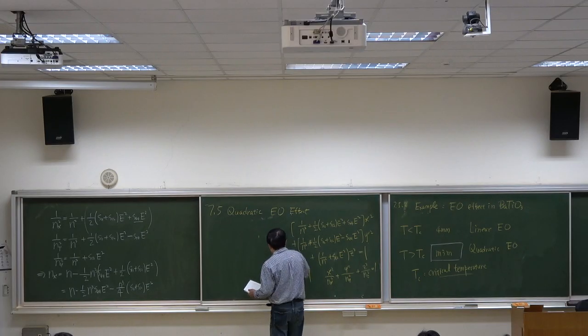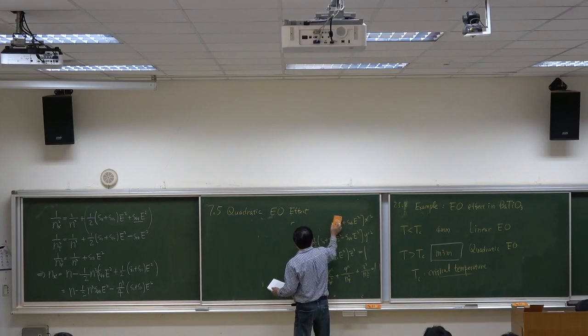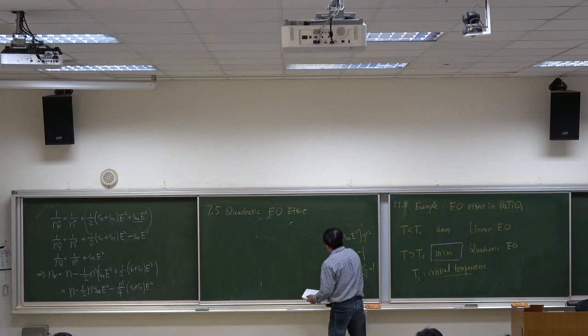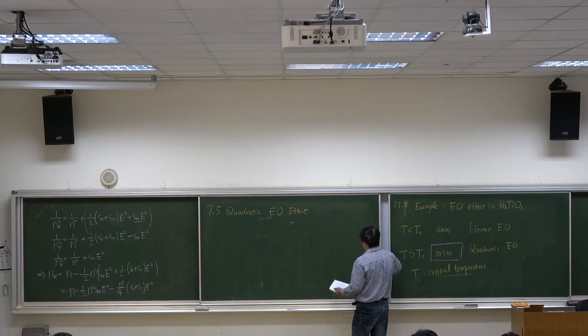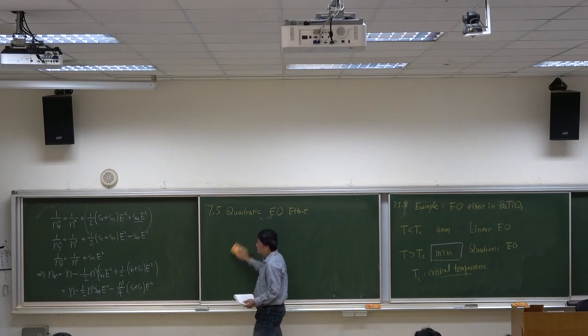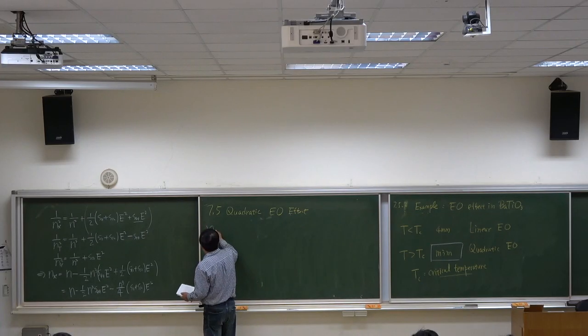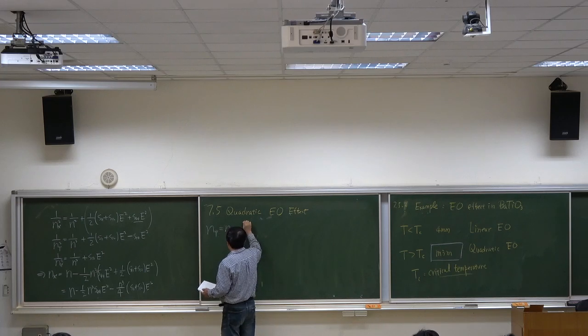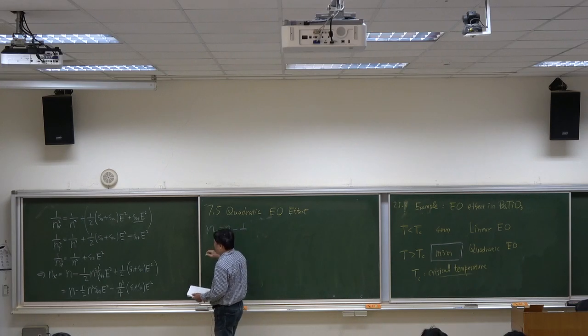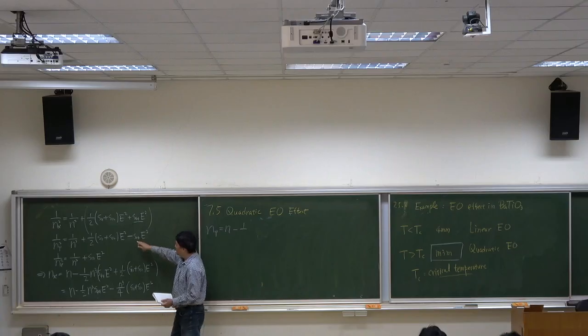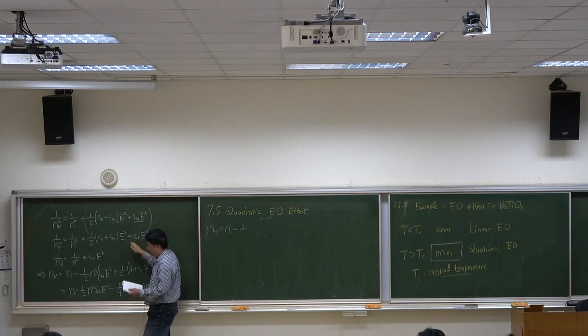And similarly, for the y and z, for ny prime is equal to n minus 1/2 n cubed... Now this becomes plus, because here is a plus sign, here is a minus sign.